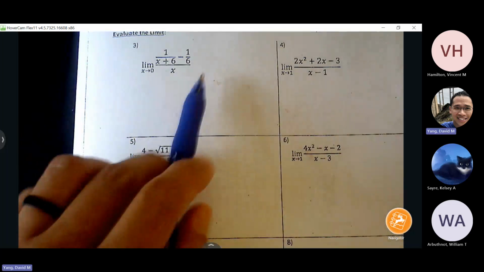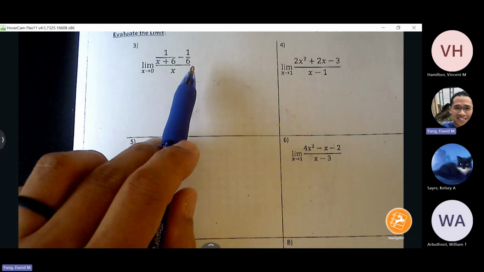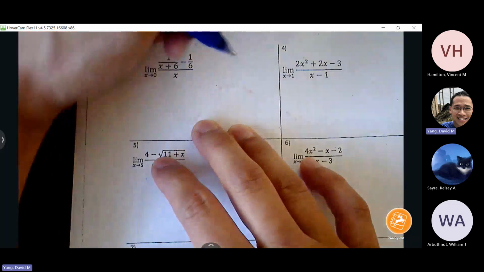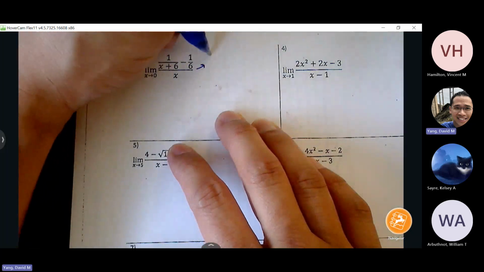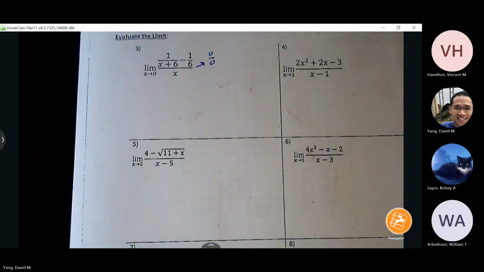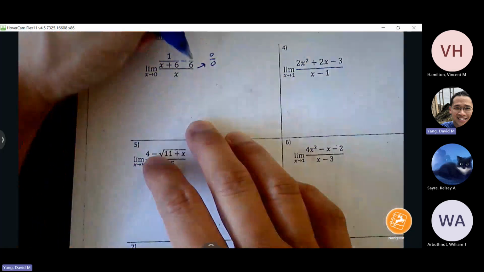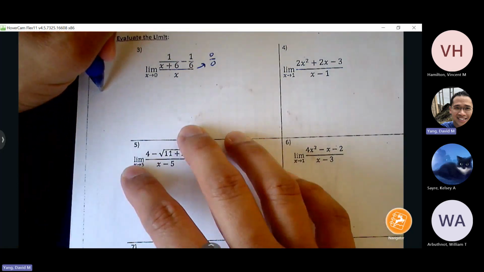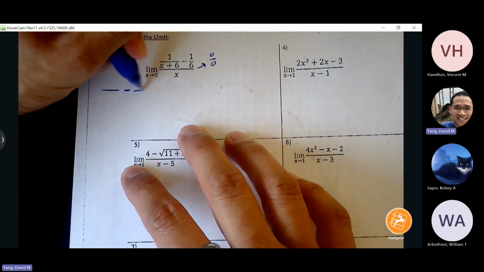Okay, so we can go through our steps here. Common denominators. Sorry, before we do that, show me that it falls under that 0/0 category before you commit to all the algebraic steps. Okay, so we know a common denominator is what's needed here.